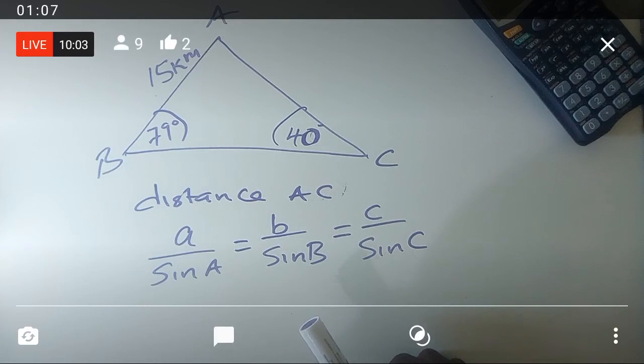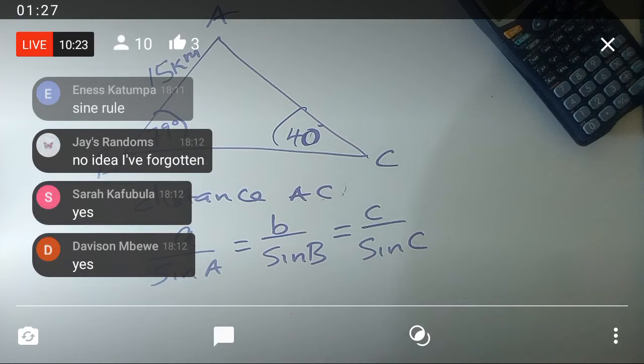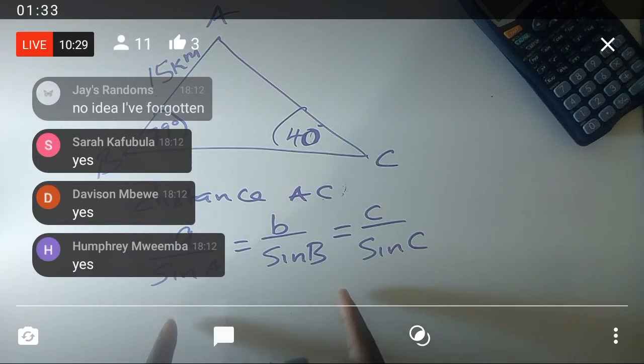Kindly confirm if the formula is okay. I'm waiting for you to confirm. Okay, Sarah, the formula is okay. You must remember, this is the formula. This is how it looks.